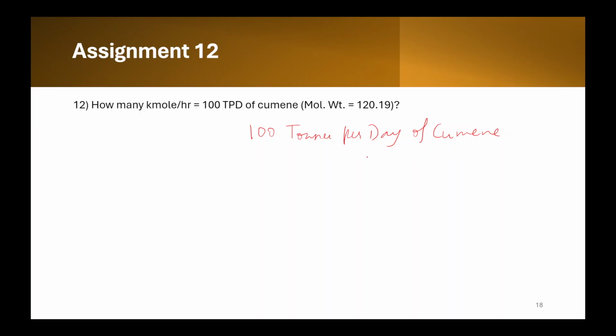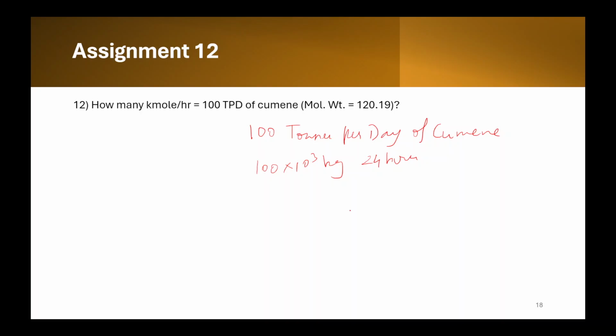So a day has 24 hours, and a ton is 10 to power 3 kg. So we know 100 into 10 to power 3 kg upon 24 hours. So that will be the mass per hour. But you want mole.